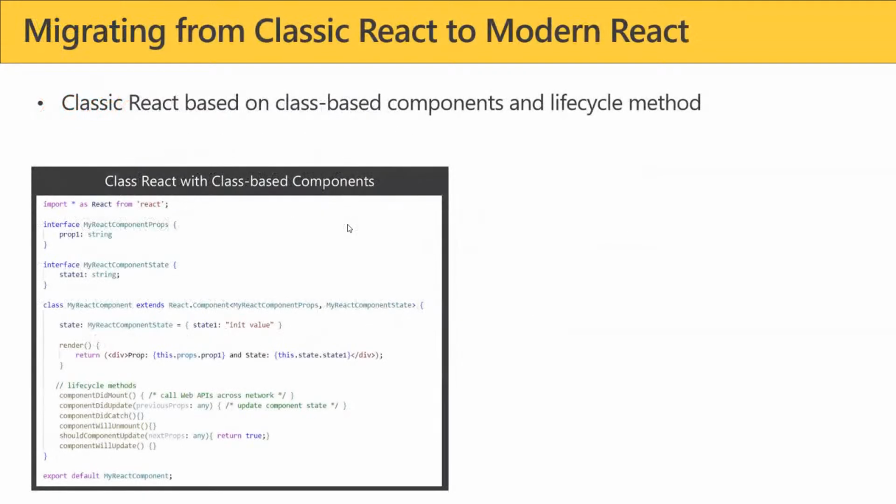Okay, now the thing you're supposed to know before this session starts is migrating from classic React to modern React. That's what we covered in the August session. The main idea is that when React was introduced, and we used it with modern versions of JavaScript and TypeScript, we would create our React components as classes that inherited from another class, and we would have lifecycle methods.